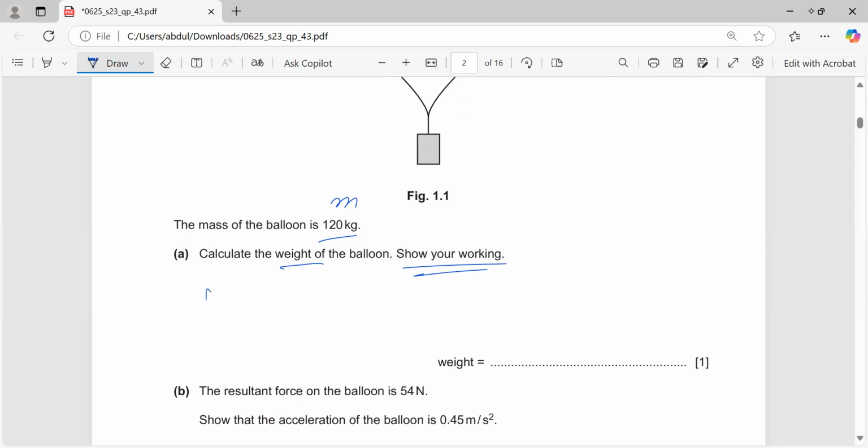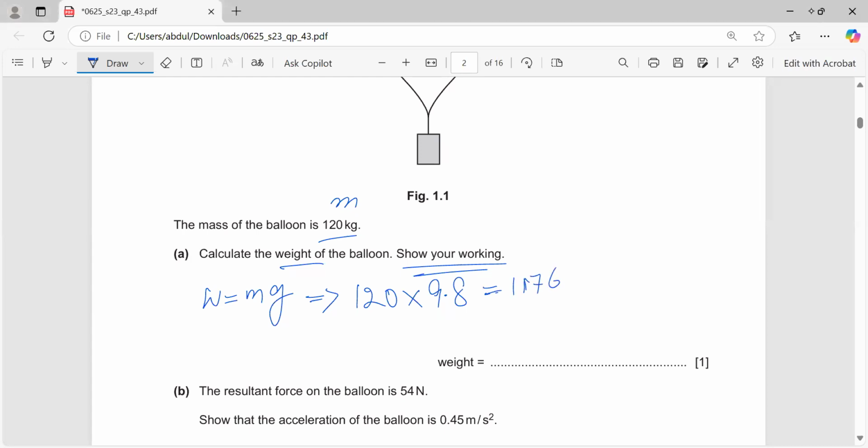First of all, we know very well the equation for weight: W is equal to mg. Mass is 120, value of g is 9.8. So the answer will be 120 times 9.8, which is equal to 1176.